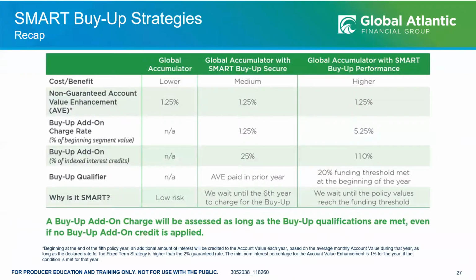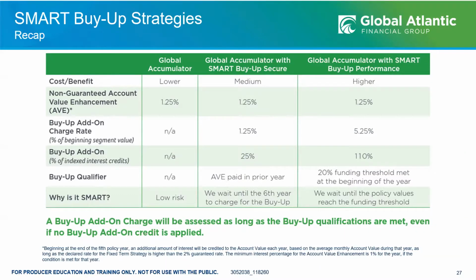So when you think about that cost benefit and your client risk profile, if they are very low risk, you can stick in the standard one-year point-to-point strategies without any buy-ups, without any additional asset-based charges. So that option is there for those clients. With the Smart Buy-Up Secure, we wait until the 6th policy year.